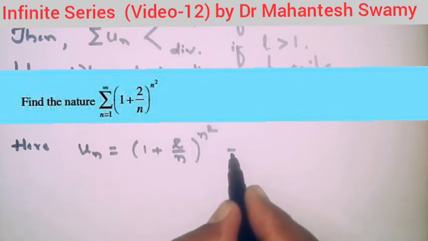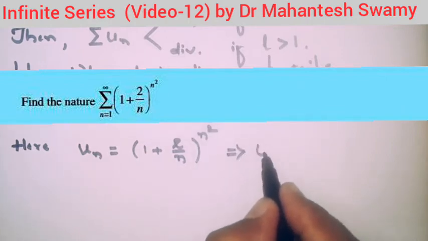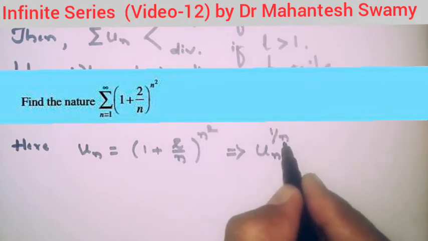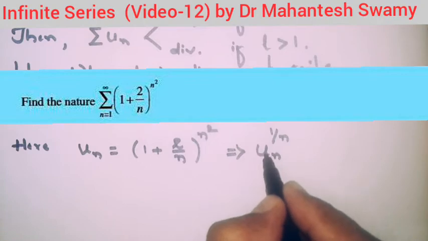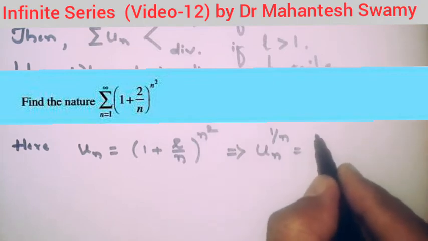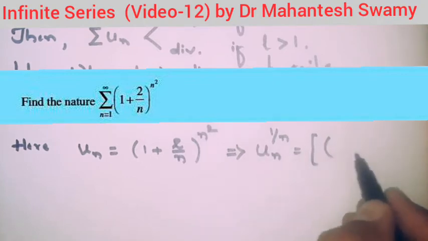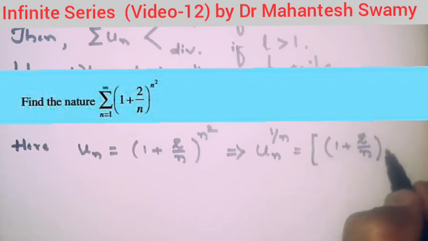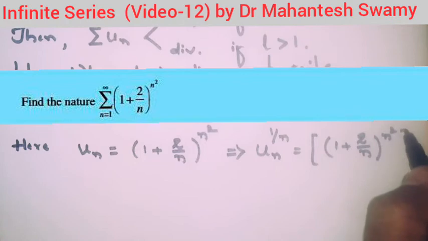According to the root test, we are supposed to take whole to the power 1 by n, that is, the nth root of un. Whatever nth term is given to us, on that we should take the nth root, that is, raise the power of that by 1 by n.